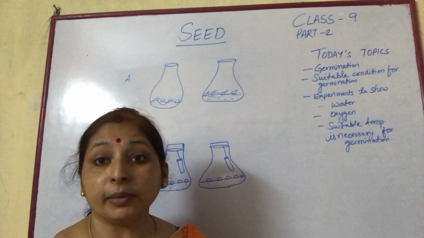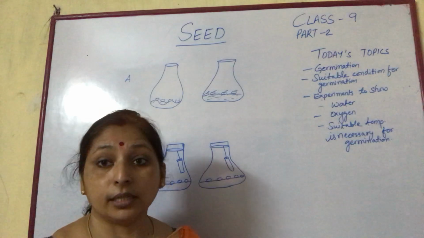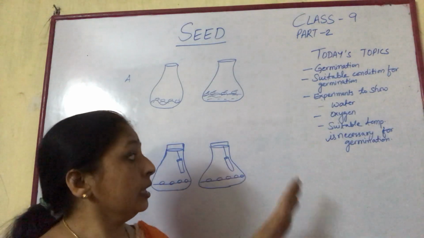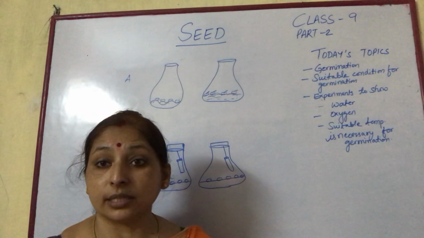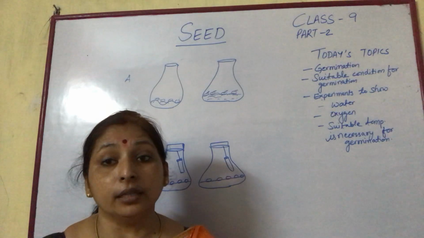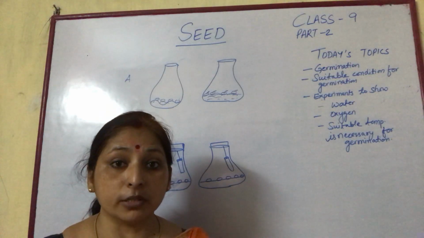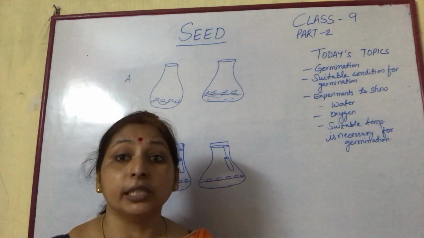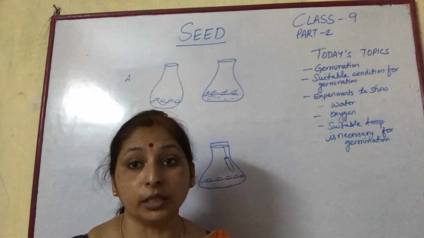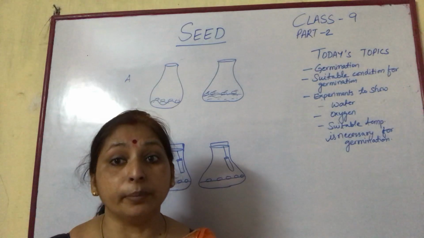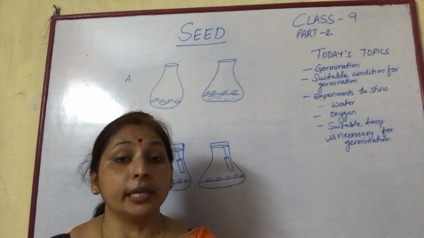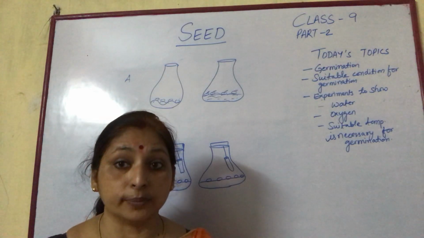Next are the experiments to show that water is necessary, oxygen is necessary, and suitable temperature is necessary, and one more experiment which proves that germination takes place only when all three conditions are available to the developing embryo present inside the seed.